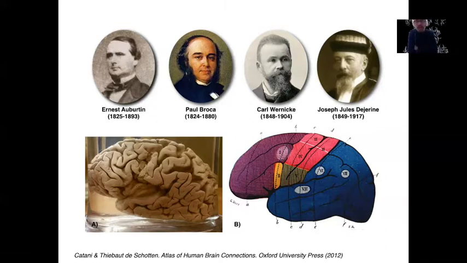By doing so, he was able to demonstrate for the first time the relationship between this lesion and the ability to speak. But you need to understand that at that time, in order to do what we call clinical anatomical correlation, you had to wait for the patient to die to extract their brain to see what's going on.